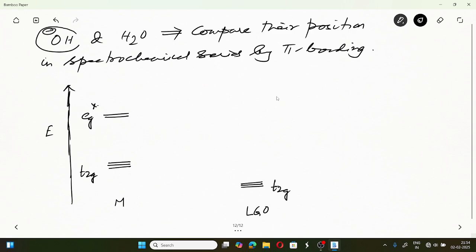Now if you compare the energies of T2G LGO of OH minus and water, which will be of higher energy? Obviously OH minus will be of higher energy. Why?